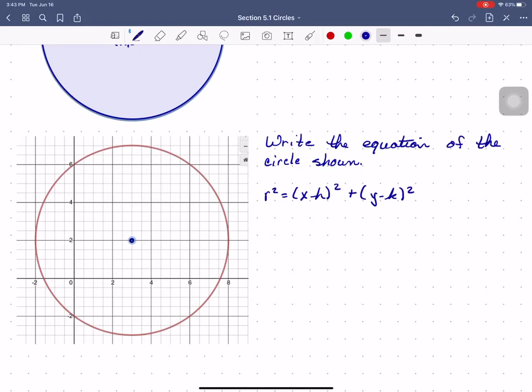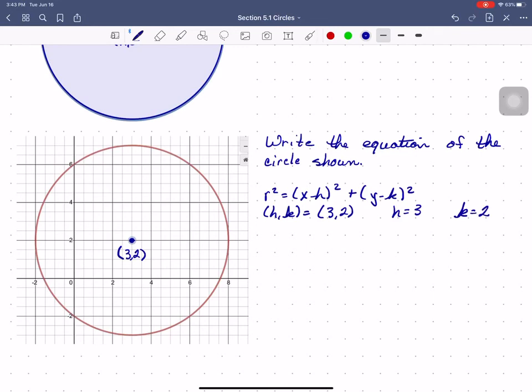My center point, we can read the coordinates off of the grid here, is at (3, 2). So I know that (h, k) equals (3, 2), which means that h equals 3 and k equals 2.